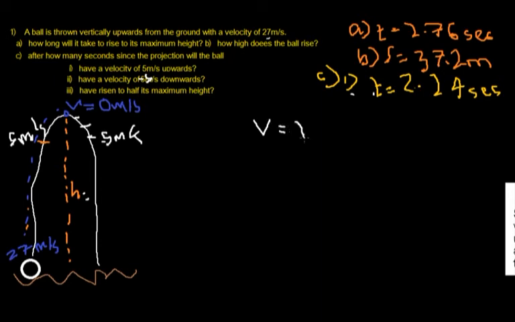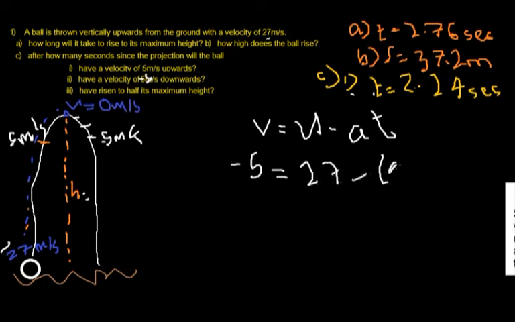V is equal to U minus acceleration multiplied by t, where our final velocity will be negative 5 meters per second, is equal to the initial velocity, 27, minus the acceleration, 9.8, and the time is unknown. We have to calculate the time from here to here. Now bring 27 to the other side.